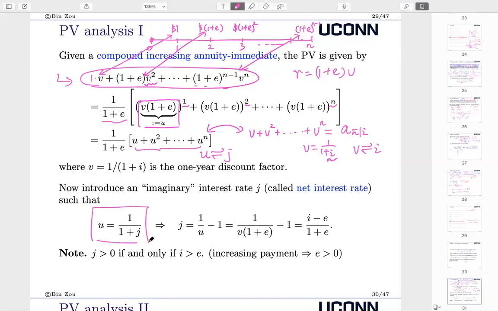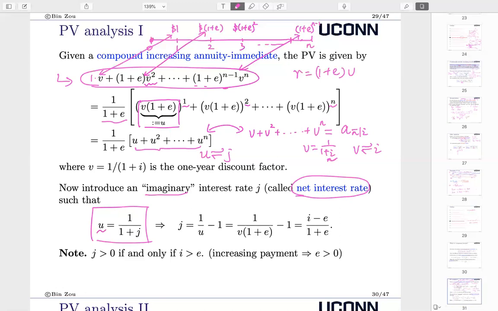In order to make that happen, I just need to establish this equality. Right? So I want my U to be the new discounting factor. Then I will need to get a new interest rate. Or we can call this either imaginary, or I think the textbook calls this net interest rate. Okay, what it does is by introducing this new interest rate J, your U will be the 1 year discounting factor.